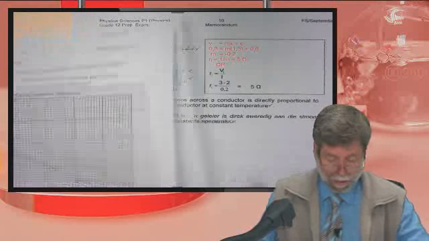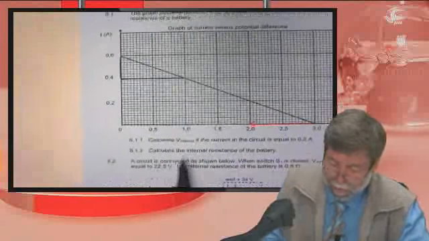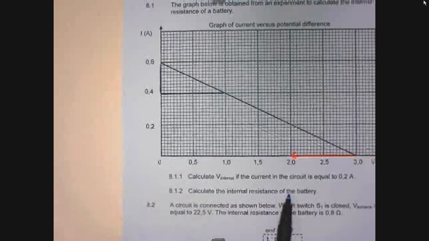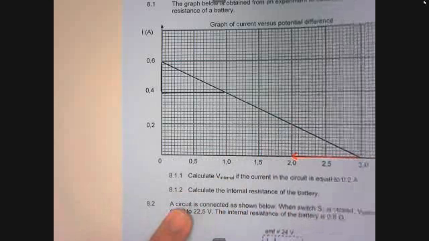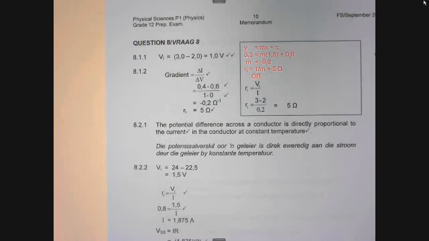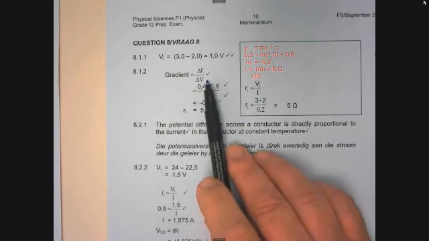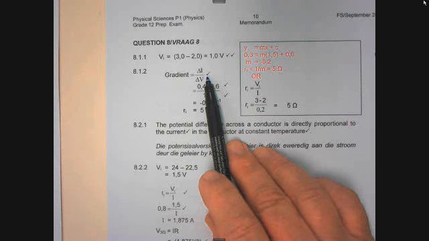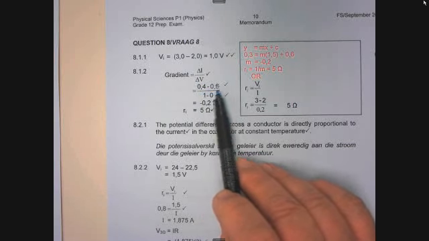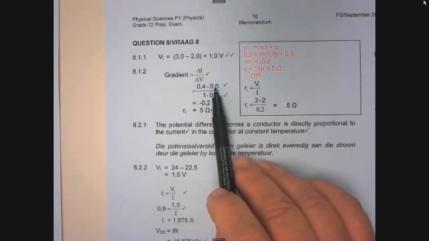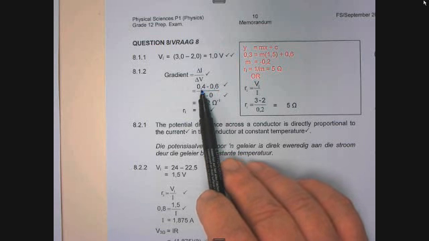And then on question 8.1.2, calculate the internal resistance of the battery. Now, there's a few options, and I'm going to maybe add 2 options to the memo you have. They can firstly calculate the internal resistance by making use of the gradient of the graph. So the gradient is delta I over delta V, and they can take any valid values on the graph to calculate that.